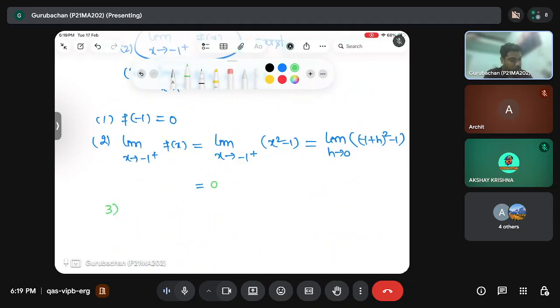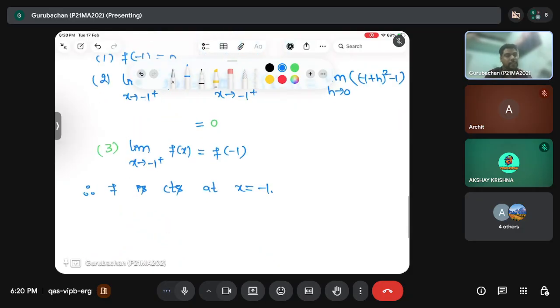Now the third point, this right hand limit is equal to f of minus 1. So that means f is continuous, CTS, at x equal to minus 1.